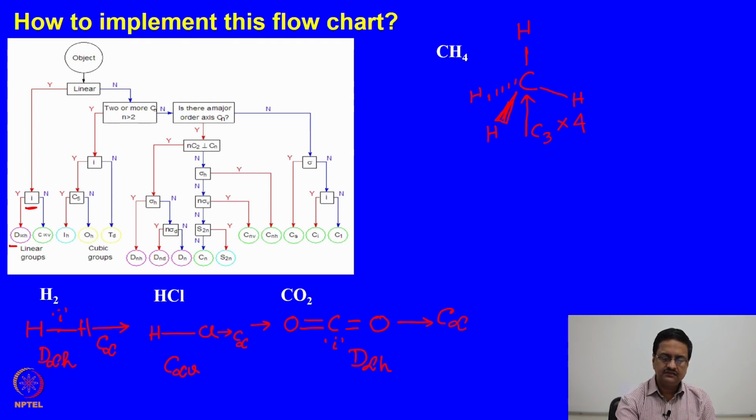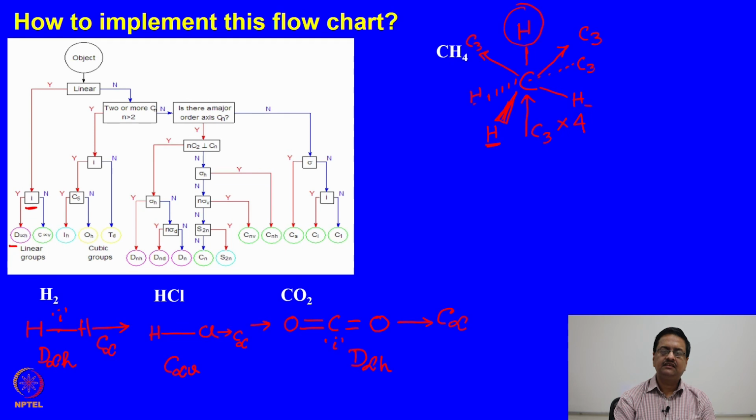Because if you consider this as the vertex, the other three hydrogens form a triangular base. So, you have a C3 like that. Similarly, containing this hydrogen and the carbon, there would be another C3 like that. There should be a third C3 like this, and a fourth C3 like that. So, there are four C3s in this molecule.